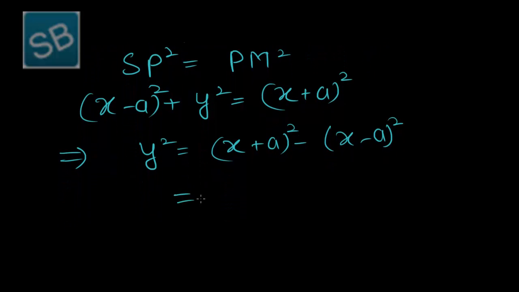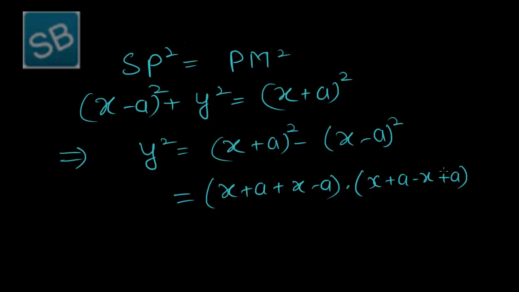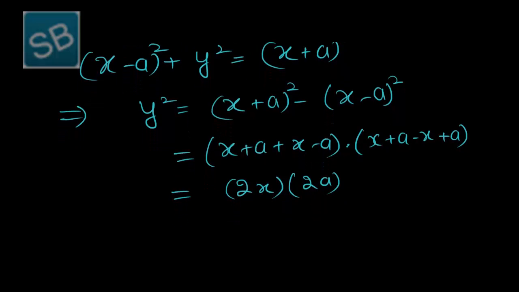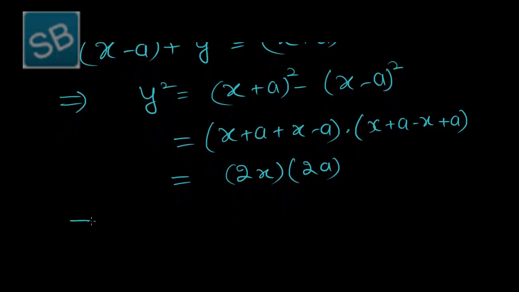That gives (a plus b) into (a minus b). So we get here 2x and here we get 2a. That is, we get y square is equal to 4ax.